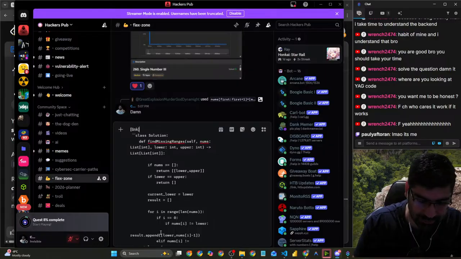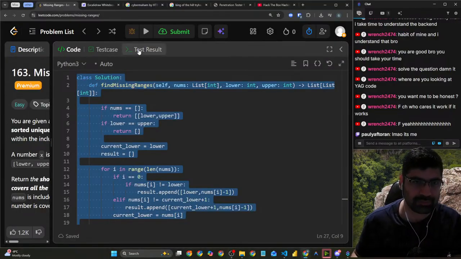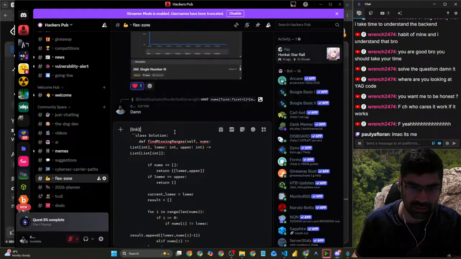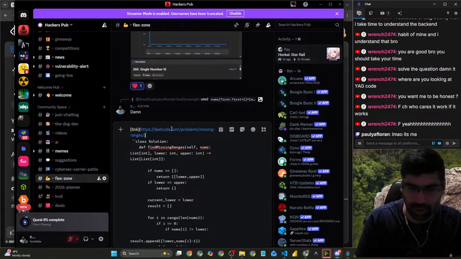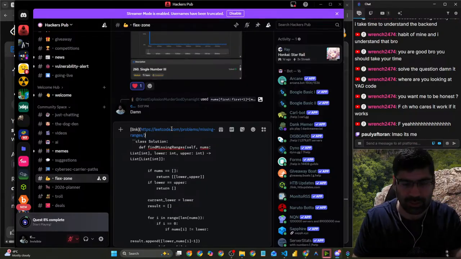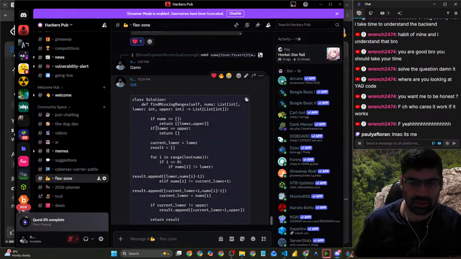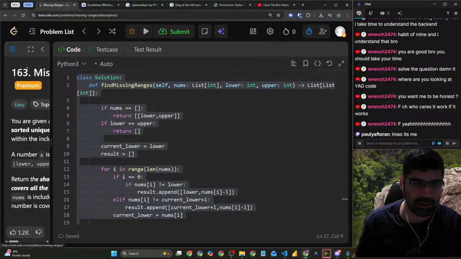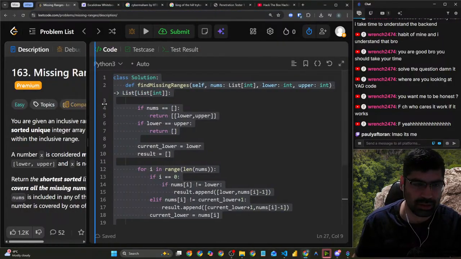Link, missing ranges. I'm going to send the PDF here too in a bit. What was it?